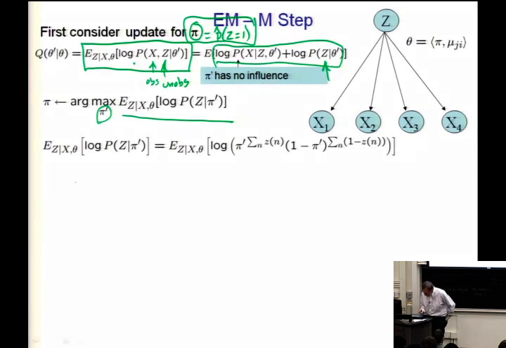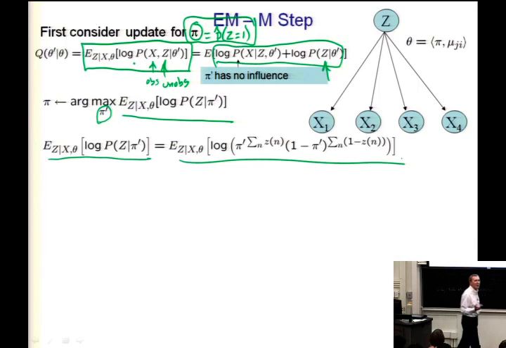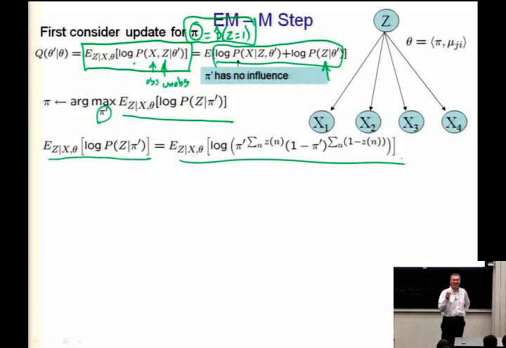And so I can write out that second term this way, and this is the same notation we used when we did the coin flip MLEs and MAP estimates before.